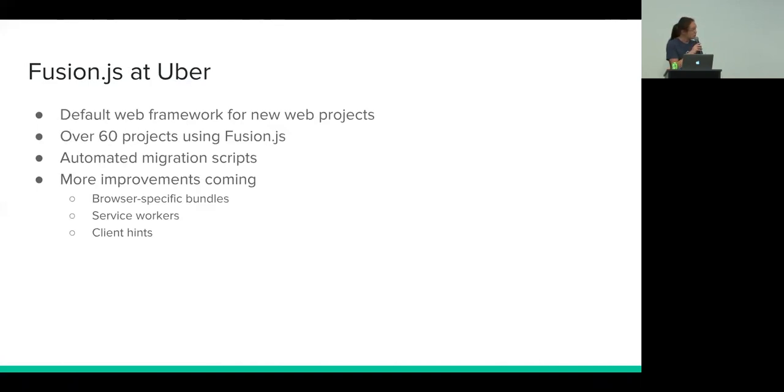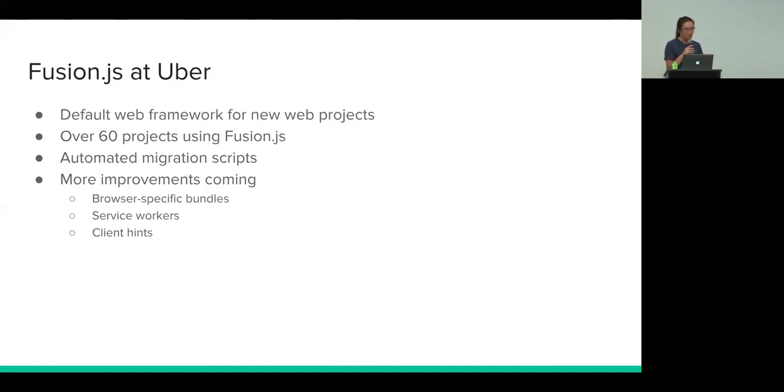Here's a slightly outdated slide, actually. I was looking at it recently. I wrote here 60 projects, but it's actually a little bit more. We're about 200 projects now. There are a lot of plugins that people have been writing, and also a lot of actual web apps.